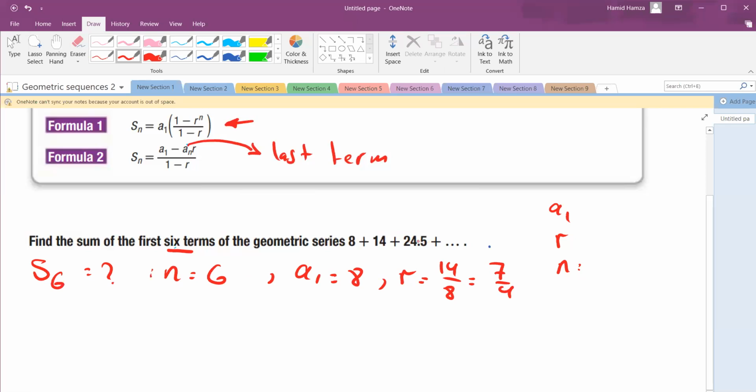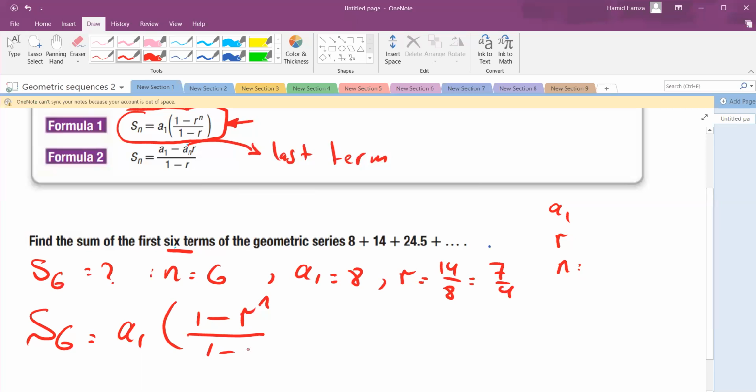The last term is not given here, so I'll use the first formula to find the sum of the first 6 terms. So S6 equals a1(1 − r^n) over 1 − r.